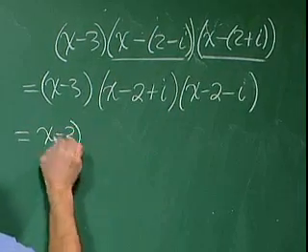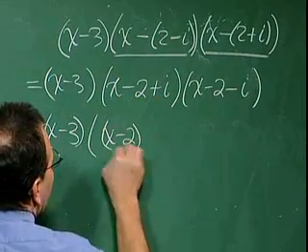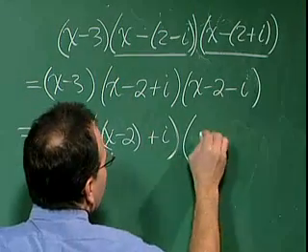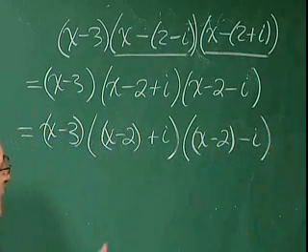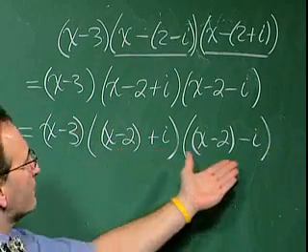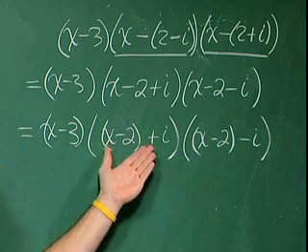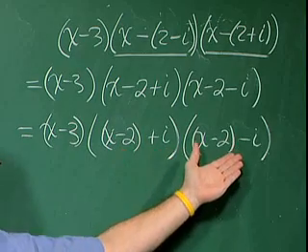I'm going to have my x minus 3, and now notice that I can put x minus 2 in parentheses and then plus i. And I'm going to do the same thing here, put x minus 2 in parentheses minus i. I'm doing that because I'm hoping that it's now clearer for us to see that this is just the difference of two squares, x minus 2 plus i and x minus 2 minus i.